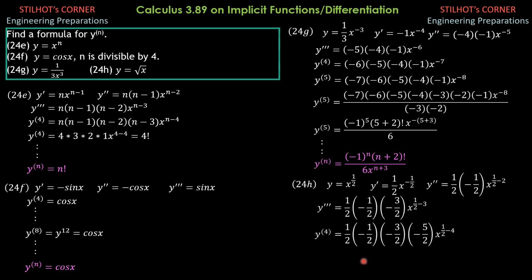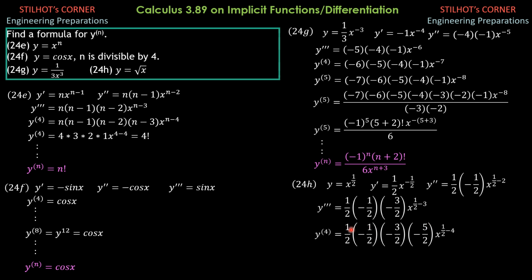It is definitely 2 to the fourth. And this is 1/2. If we replace 4 here by n to generalize, then it is x to the 1/2 minus n. Then we have 1, then negative 1, then negative 3, then negative 5.